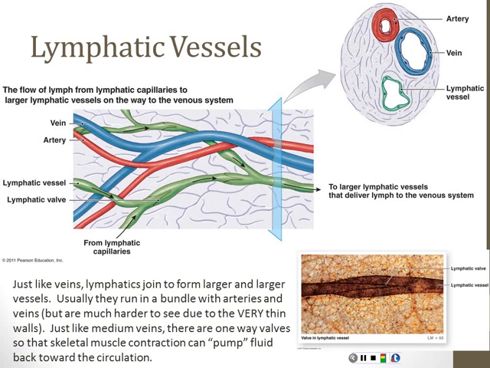Same with the lymphatic vessels. And it's more effective in the lymphatic vessels as well because their walls are so thin and floppy. So every time you move around, you're helping to push that lymph back to the heart because these valves allow lymph to flow in only one direction. So we get that pumping mechanism.